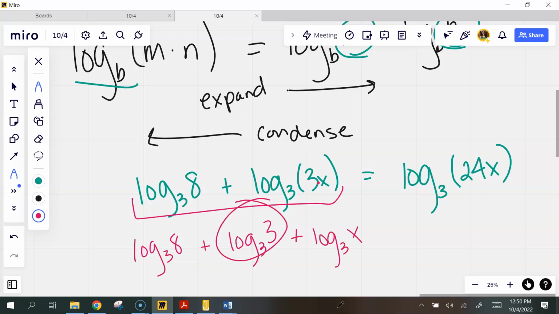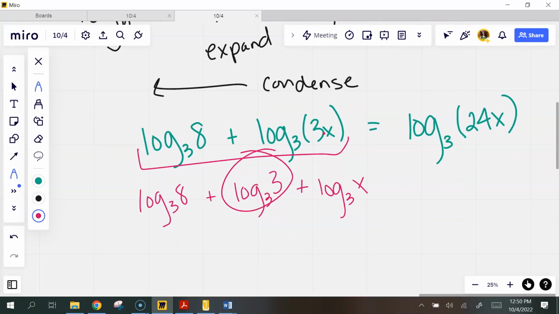What is this? That's 1. Why is that 1, Lucy? You're right. The number's the same, right? That exponent's 1. 3 to the what power is 3? 1. So really I could rewrite this as that. That makes sense. Okay.